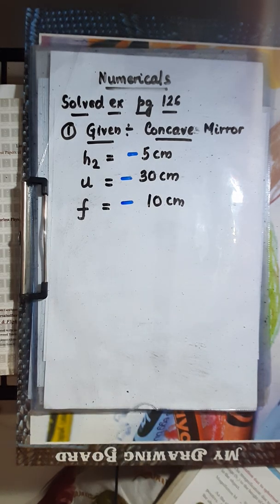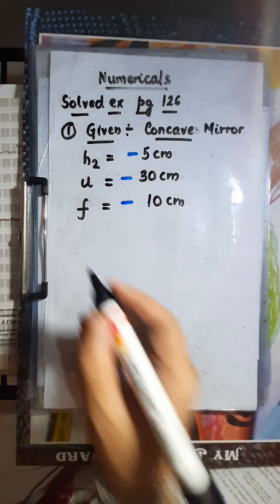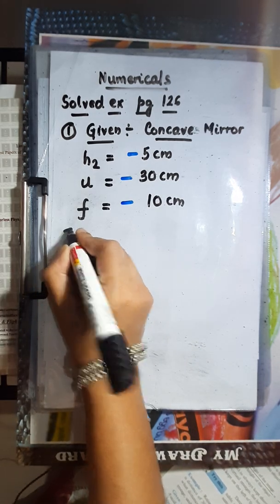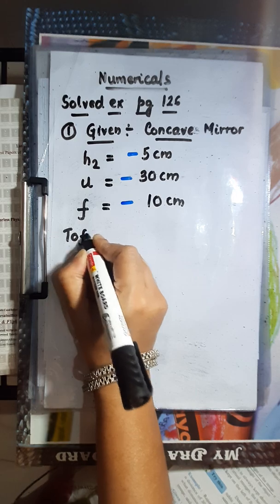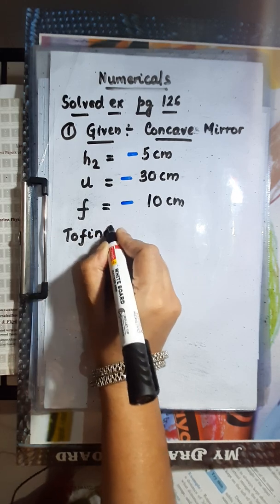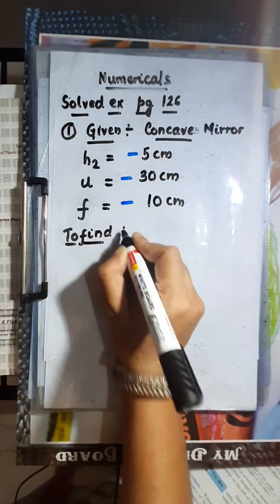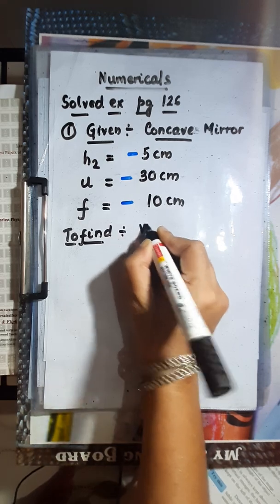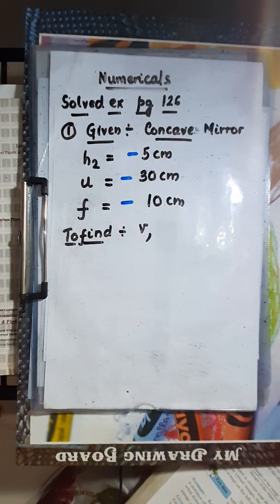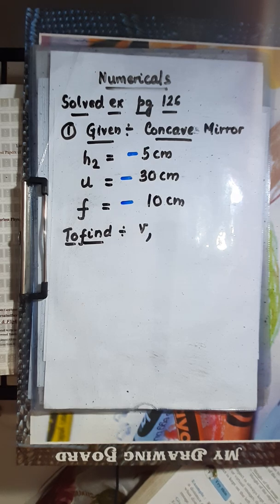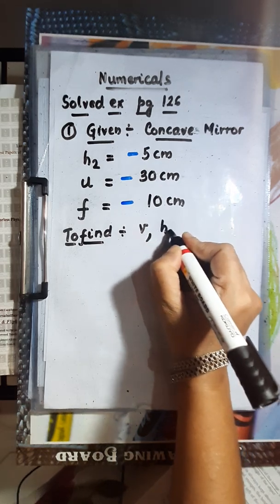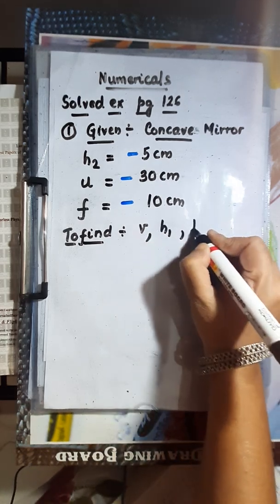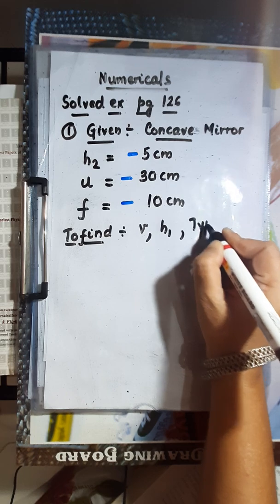At what distance from the mirror should she place the screen? So we have to find out v. What will be the type of image and the height of the object? So h1 and type of image.